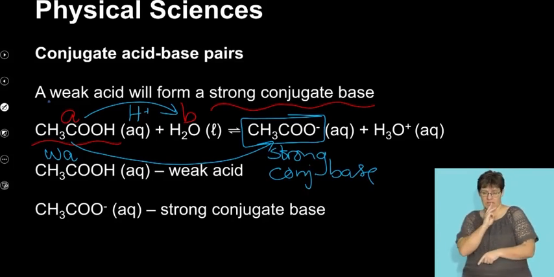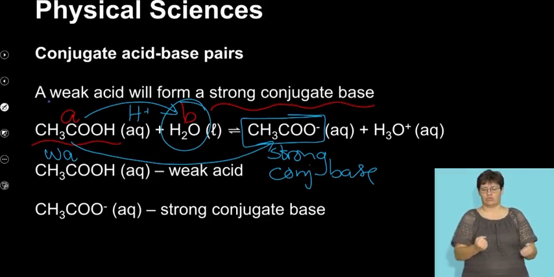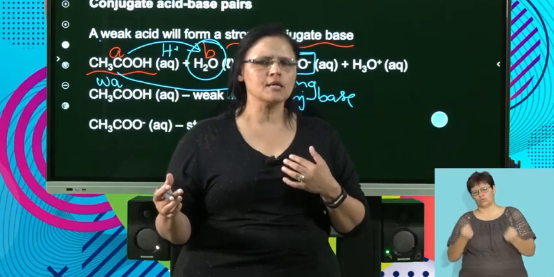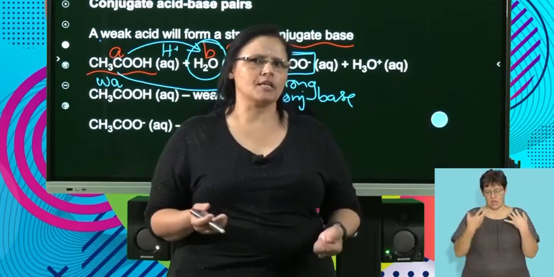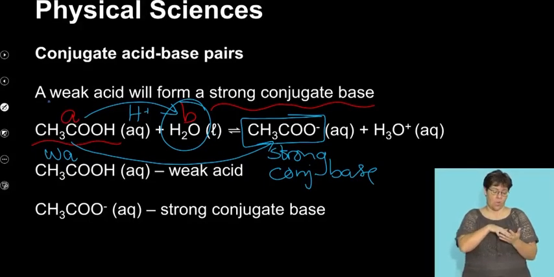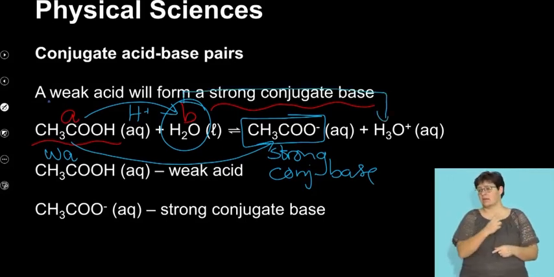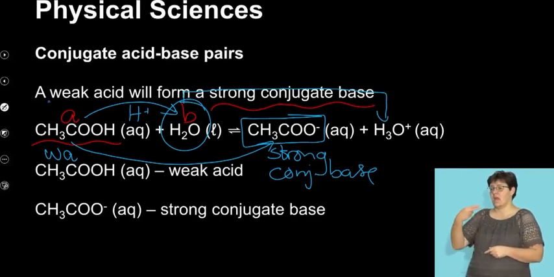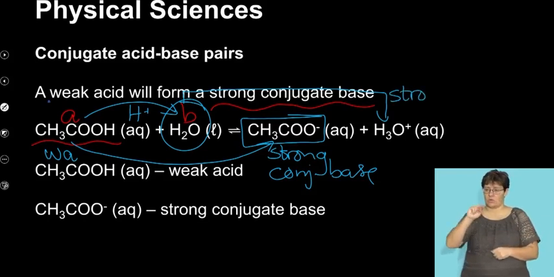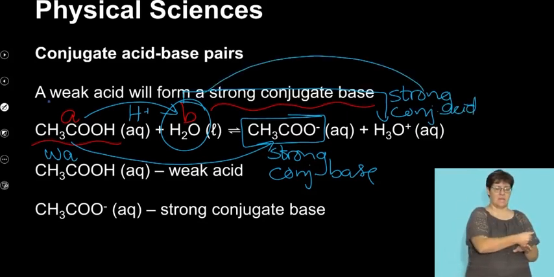The same with water. Because water is an ampholyte, we know that water is not a strong acid or a strong base, because it all depends on the reaction as to how it will react. So your water will be a weak base, and this weak base will now form hydronium ions, and we know that hydronium ions will now be a strong conjugate acid for the weak base.